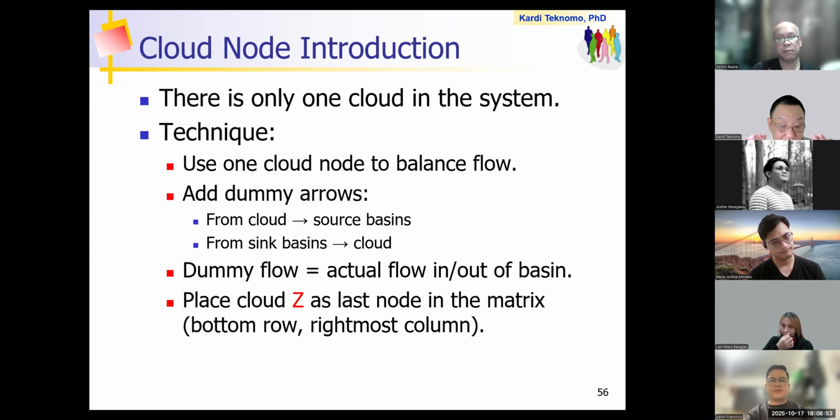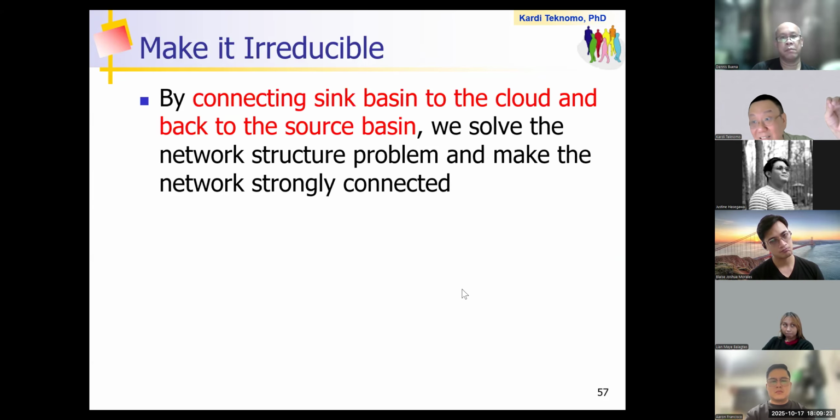In the matrix, our agreement is to put the cloud node in the last position, usually in the rightmost column or the bottom row of the adjacency matrix. So we add a new row and a new column, and we put this as the cloud node. Using this, you suddenly solve the irreducible problem. By connecting the sink basin to the cloud and then back to the source basin, we solve the network structure problem.